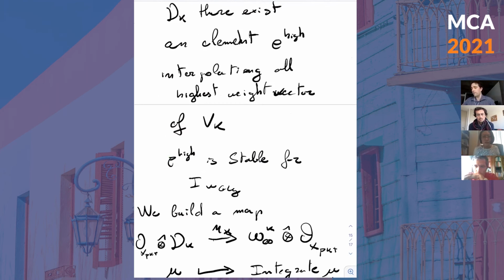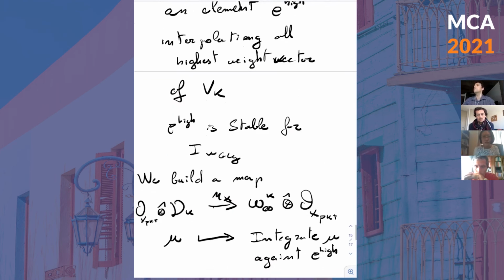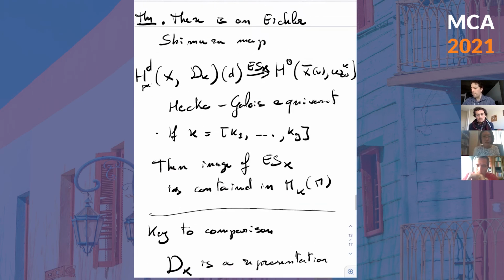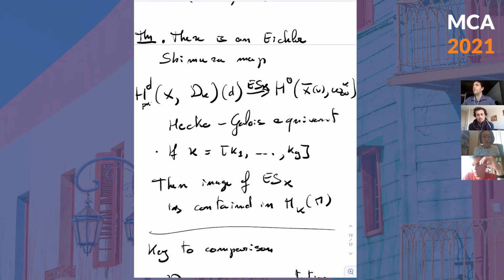It's exactly the same thing that happens for GL_2. So my guess is that the cokernel of this map, if you look at it in general, is supported only on integer weights, which is coherent with what happens for GL_2 at least.